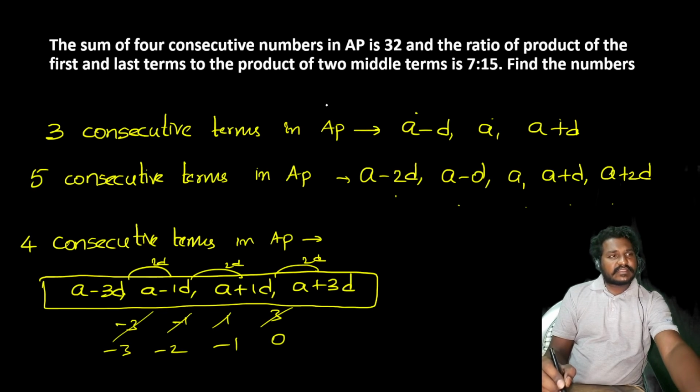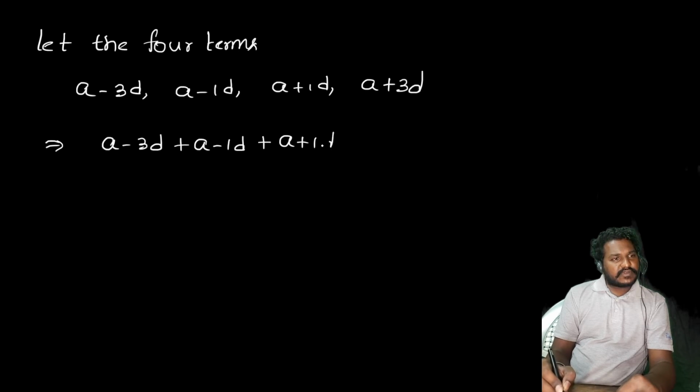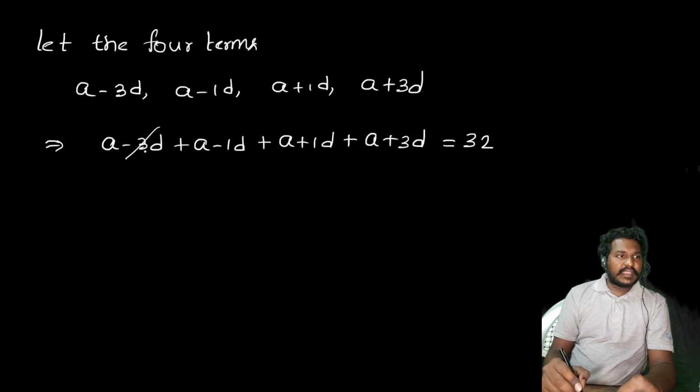Now it was given that the sum is 32. That means a minus 3d plus a minus 1d plus a plus 1d plus a plus 3d is equal to 32. That means minus 3d plus 3d cancel, minus 1d plus 1d cancel.